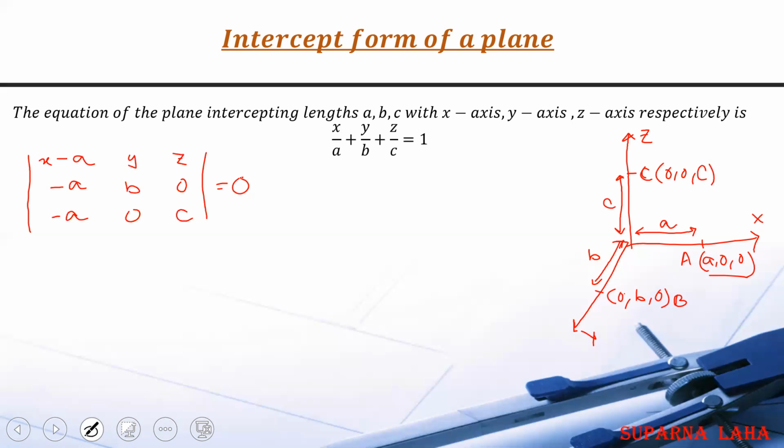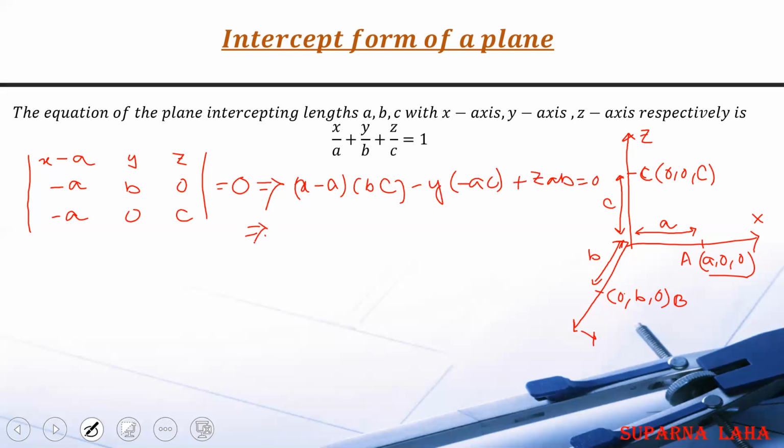Now let us find the determinant value. (x minus a) into bc, minus y into (minus ac), plus z into ab, is equal to 0.